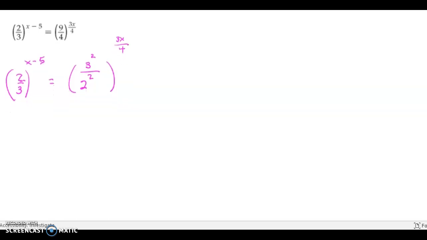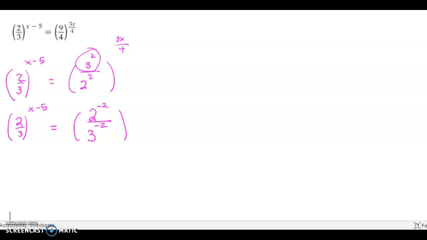So I don't quite have the same base, but what if I flipped the right side over? So let me rewrite the left side. What if I flip this side? So what if I put the 2 squared in the top? It would become 2 to the negative 2. And what if I put the 3 squared in the bottom? It would become 3 to the negative 2.